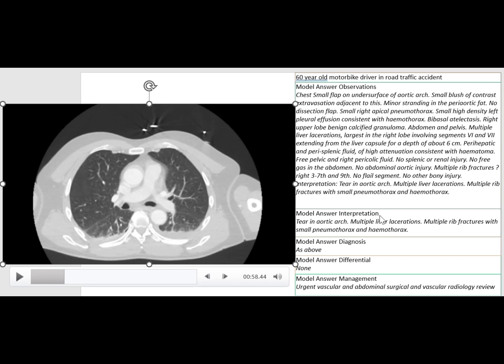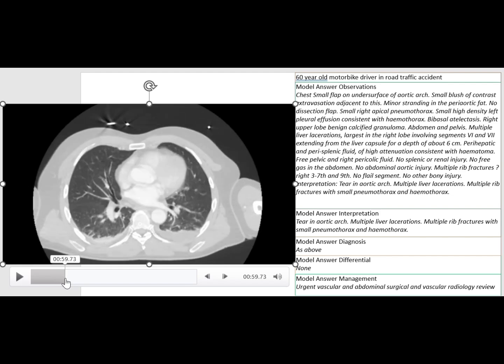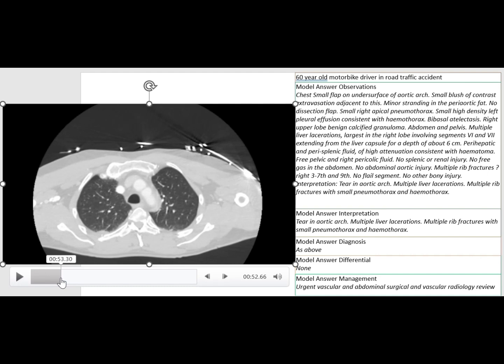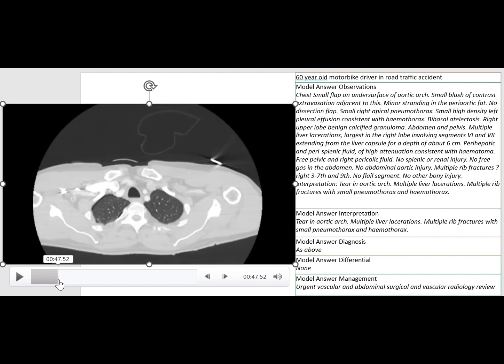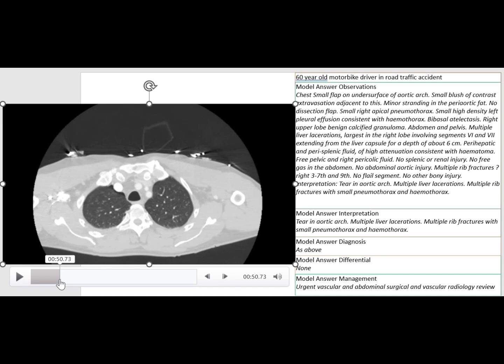So the interpretation here, this patient had a road traffic accident and the CT scan showed tear in the aortic arch along with apical pneumothorax.